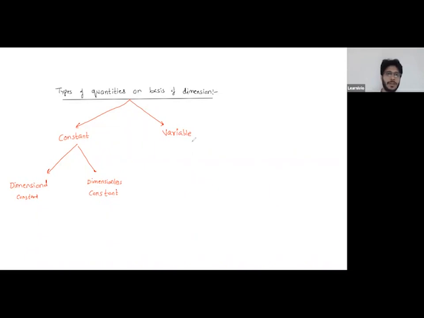In the same way, you can divide your variables into categories. You can have dimensional variable, a variable which has dimension, or you can have dimensionless variables, means variables which don't have any dimension.